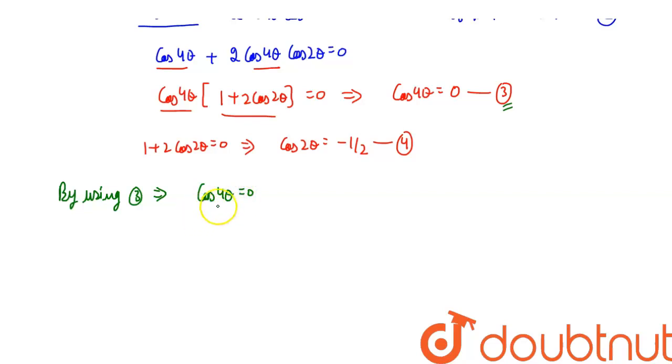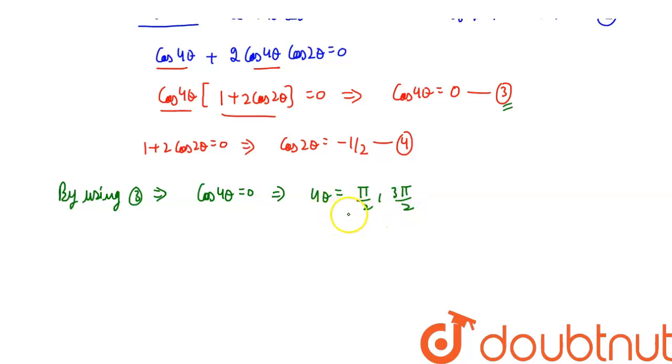And we know that cos x is equal to 0 when x is equal to pi by 2 or 3 pi by 2 in the interval from 0 to 2 pi. So from that we can conclude that 4 theta would be equal to pi by 2 or 3 pi by 2.